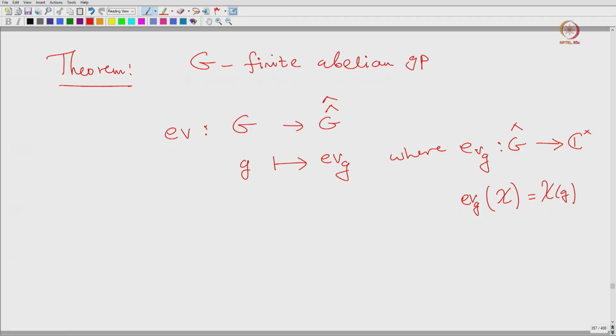So, this is indeed a natural map from G to G double hat, which associates g with its evaluation. This is what we are calling evaluation at g, and one can prove that this EV is indeed an isomorphism.